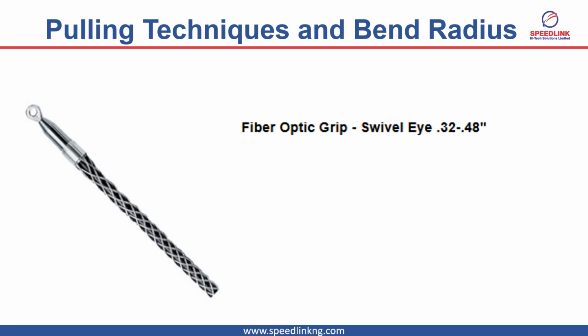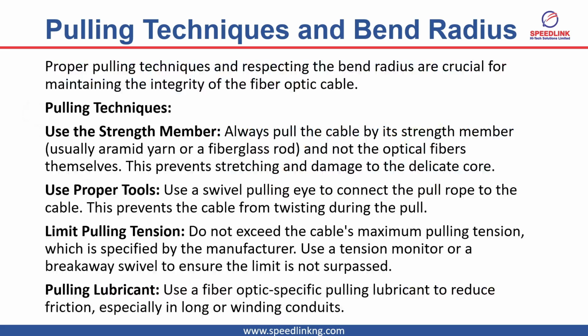But the fishing tape, that's its work. So it's going to be easy going inside any conduit. Are we following? So you can tie the fishing tape now to this end of your swivel, isn't it? And pull the fiber optic cable inside. Can we see that? So you have to use proper tools.